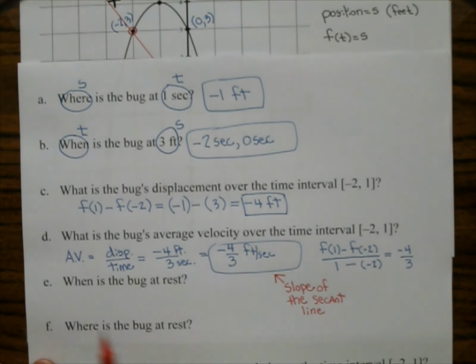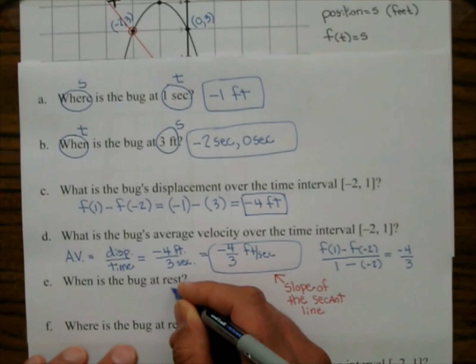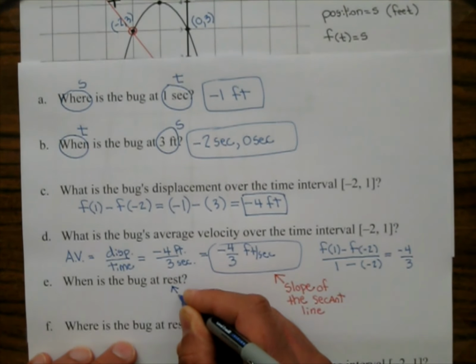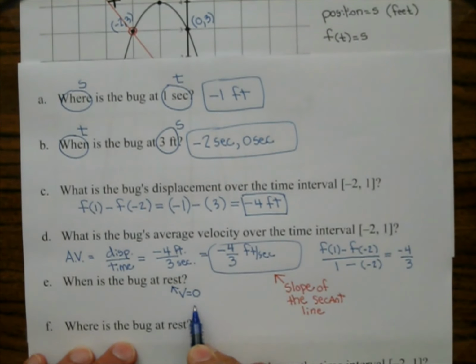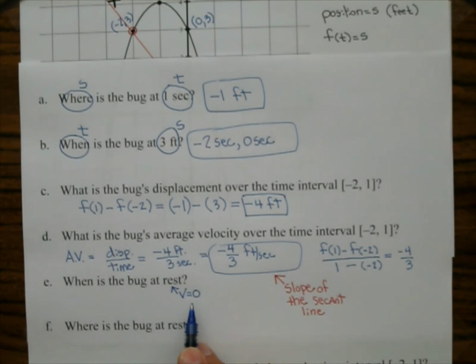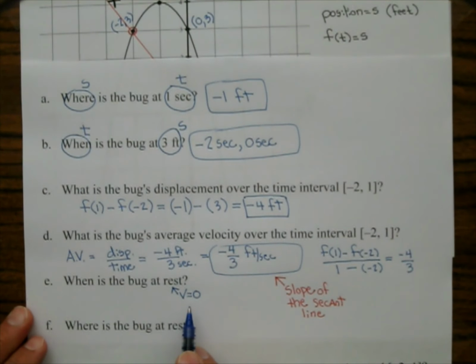Okay, question E. When is the bug at rest? Rest means velocity is 0. That might not mean a lot to you, but it just means the bug is not going to the right and is not going to the left. We talked about this in an earlier bug lecture.